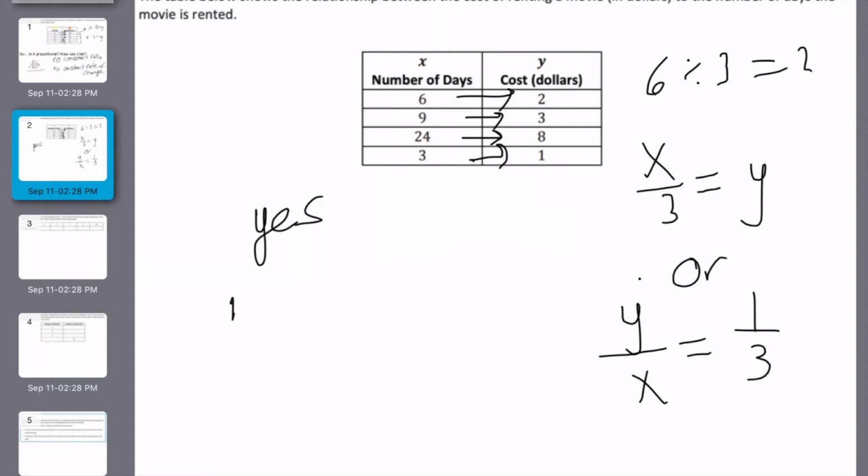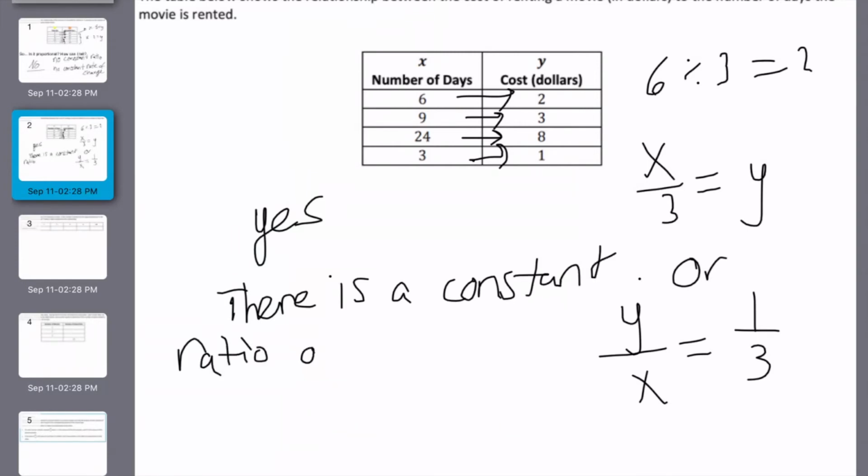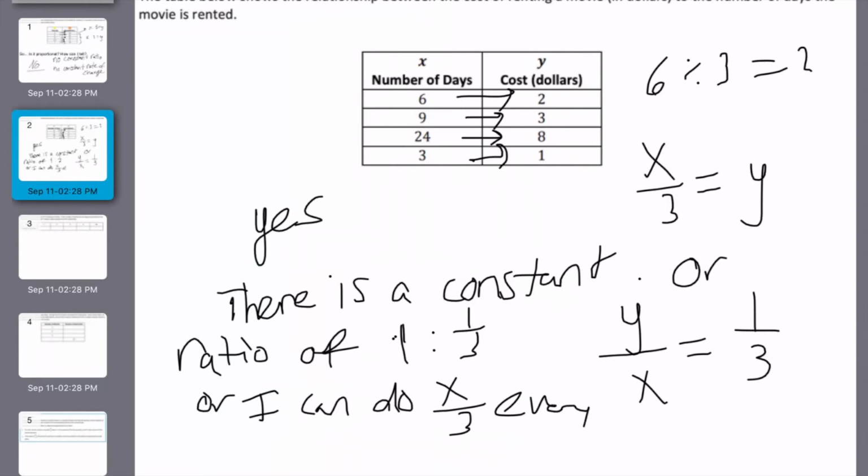Because there is a constant rate of change or a constant ratio of 1 to 1/3, or I can do x divided by 3 every time. And I know that my handwriting isn't great. I am working on it, I promise. We'll get better as we go on throughout the year. So I have one yes and I had one no previously.